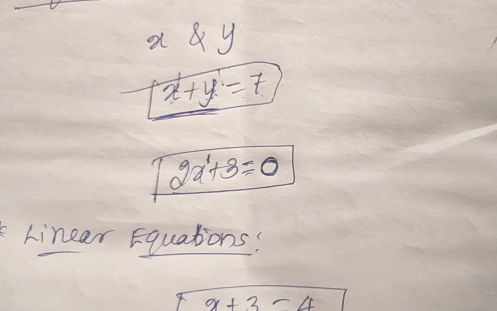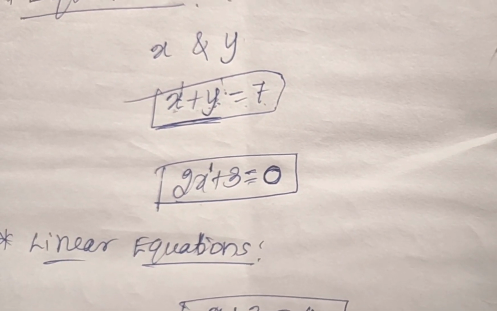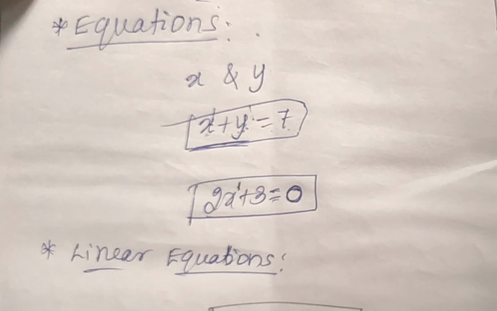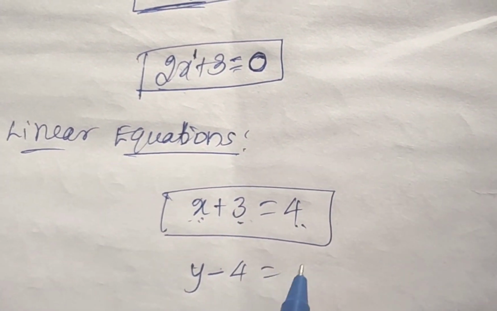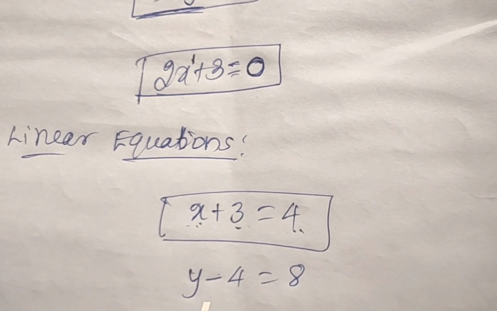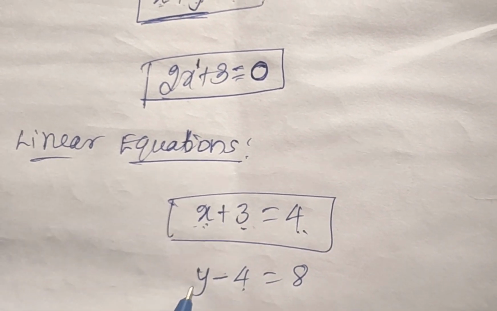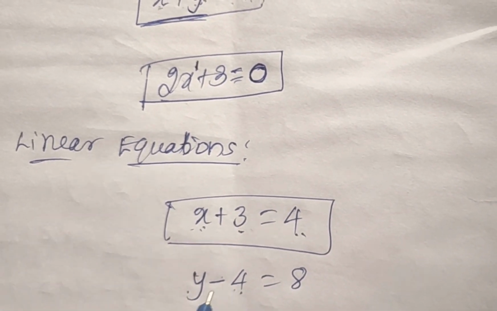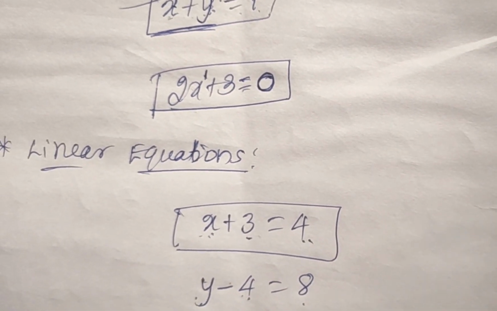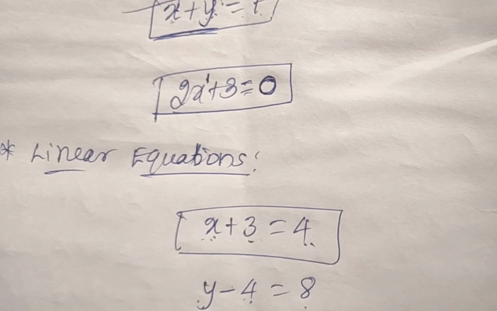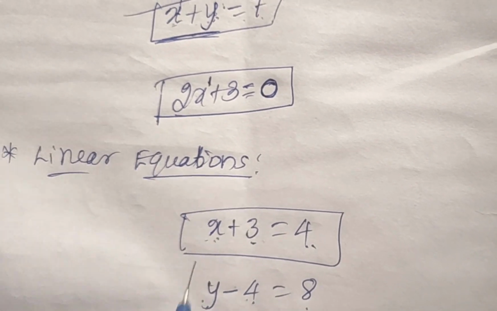Similarly, many examples we can take. A linear equation like y minus 4 is equal to 8. That means 4 is subtracted from y, that gives the result 8. Then what is that number? We can find out the number, that we will do afterwards.